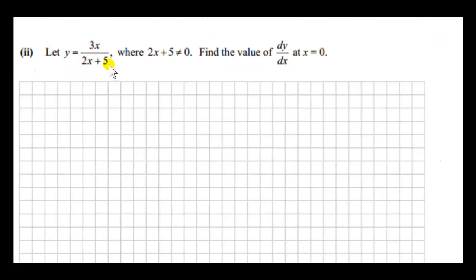So y is 3x divided by 2x plus 5, and we want the derivative. Now one way to do this is to use the quotient rule. So we have a quotient of expressions here. That just means a ratio of expressions. The one on top is called u and the one underneath is called v.